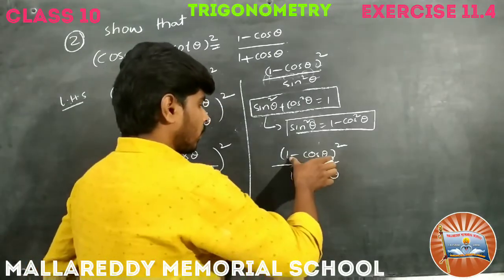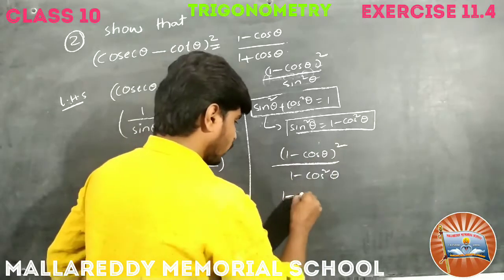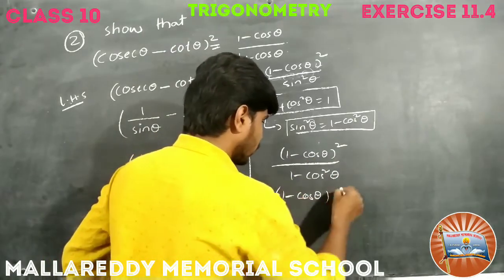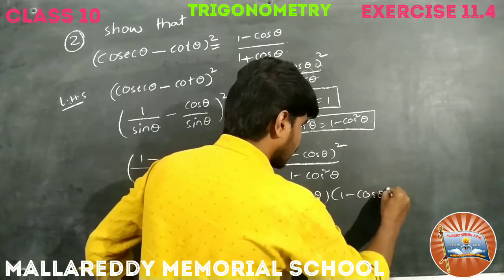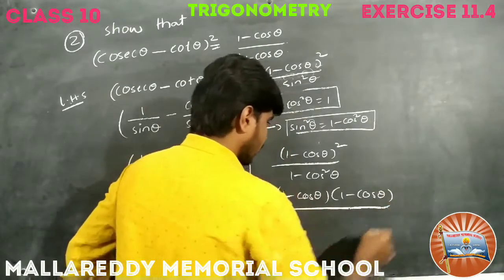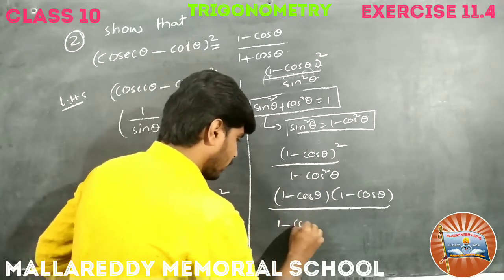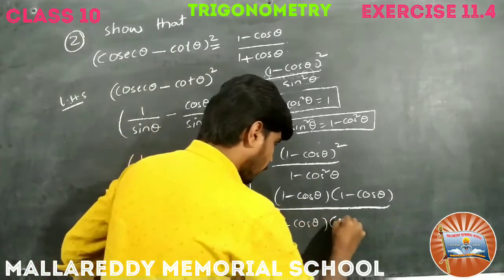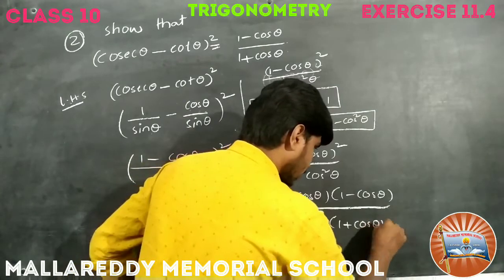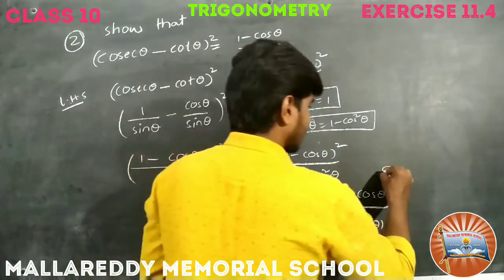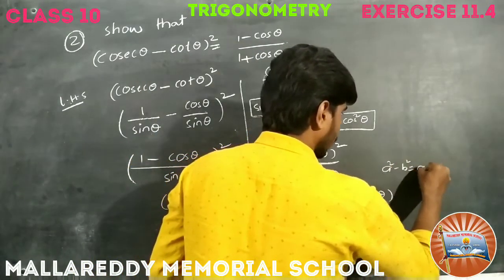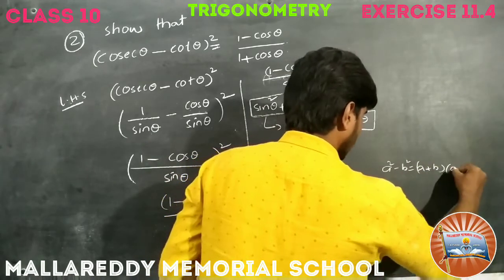So this (1 minus cos theta) whole square we can write (1 minus cos theta) into (1 minus cos theta), isn't it? Right. This 1 minus cos square theta we can write (1 minus cos theta)(1 plus cos theta), is it right? So a square minus b square is equal to (a plus b) into (a minus b).